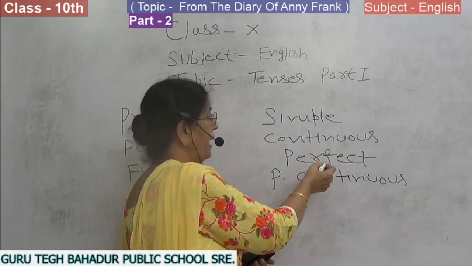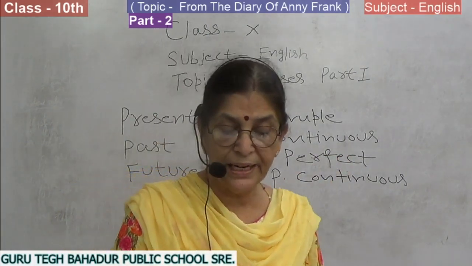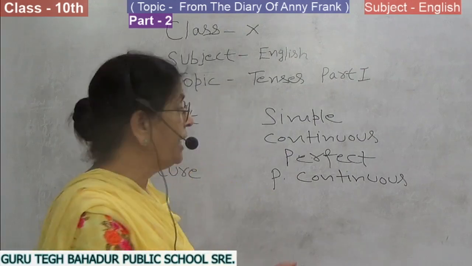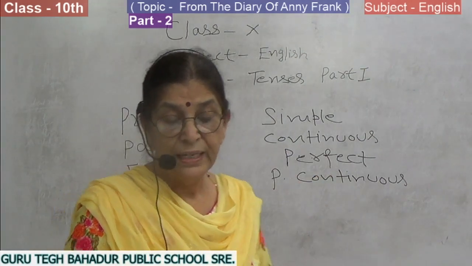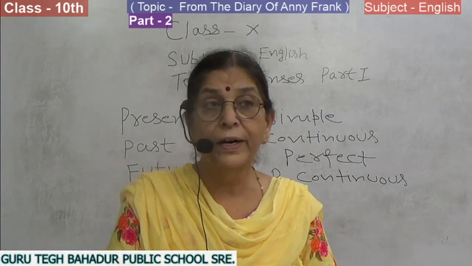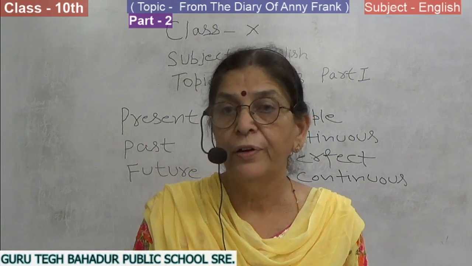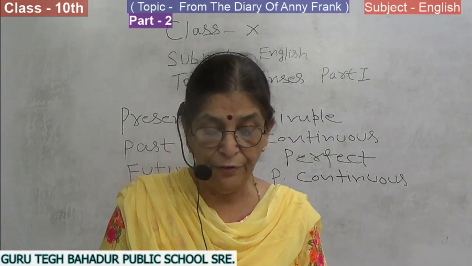Then we come to the third, perfect, where the action is completed. And then we come to the perfect continuous tense. It shows the continuity of an action over a certain period of time.